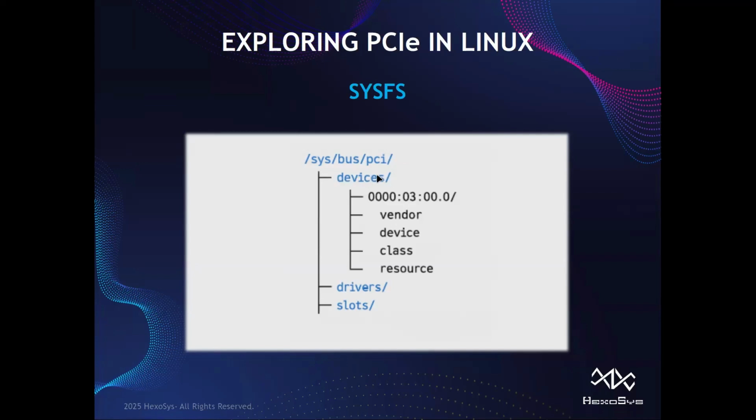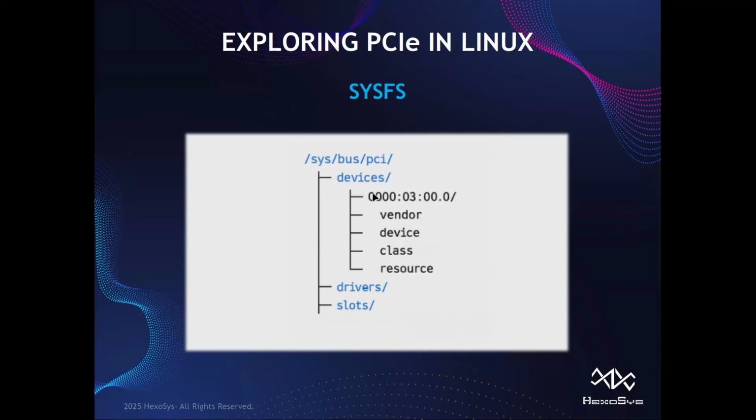One of the most important parts of this pseudo file system in PCI is devices, which provides symbolic links to any device by providing a bus, device, function address. This is a bus address of 1 byte, a device address, and a function address. In many of them, you also see this 0000.